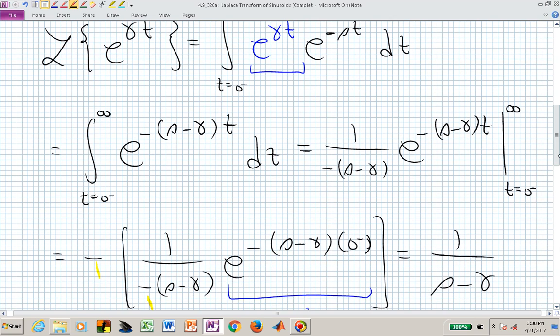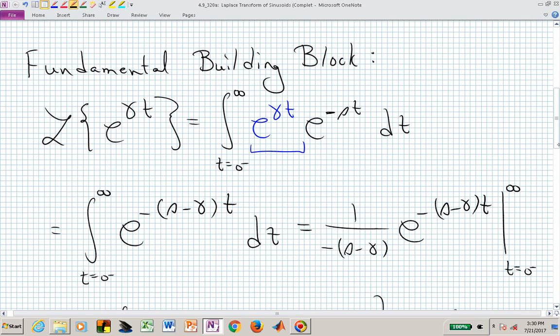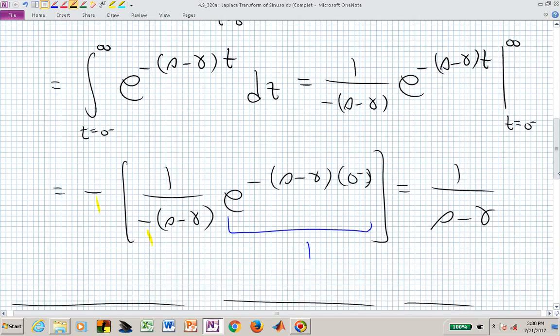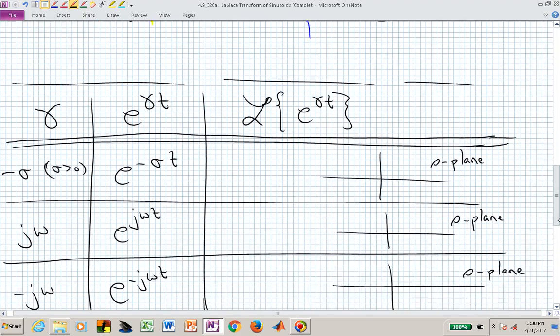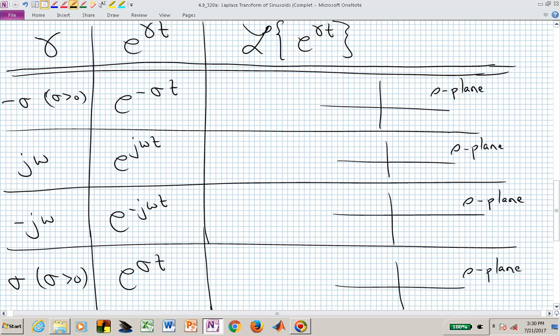We can now use this fundamental building block of the Laplace transform of an exponential to create the Laplace transform of each of these for different values of gamma. For example, suppose we let gamma be a minus positive number, so we have a negative number.